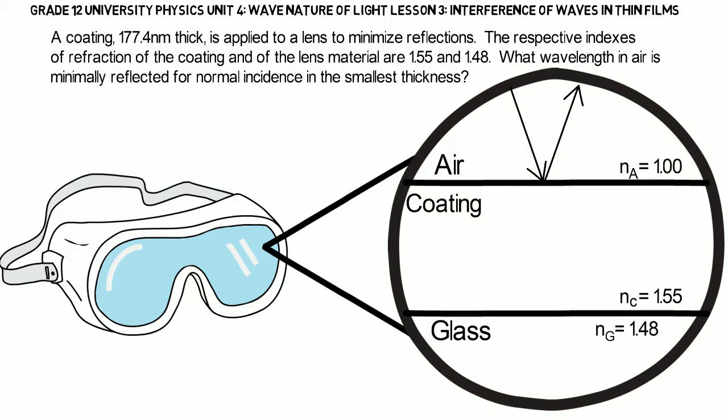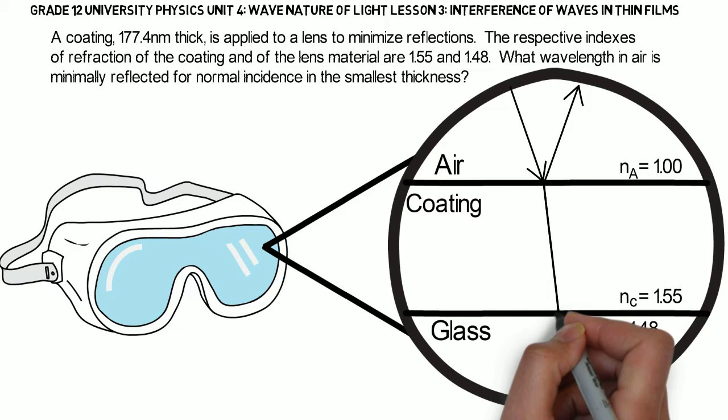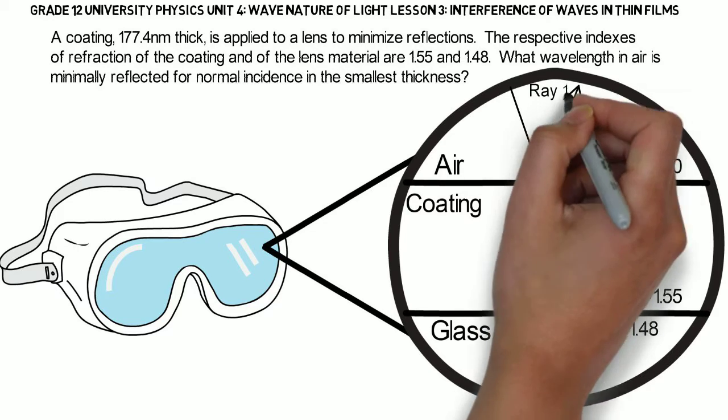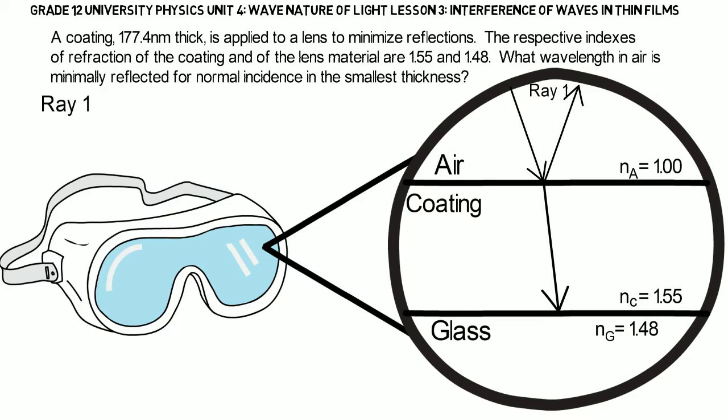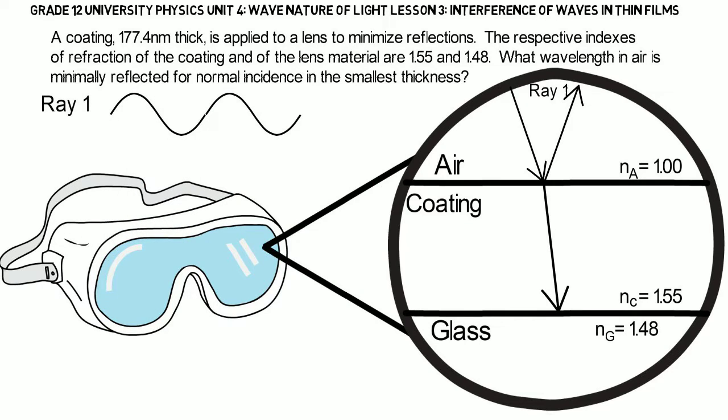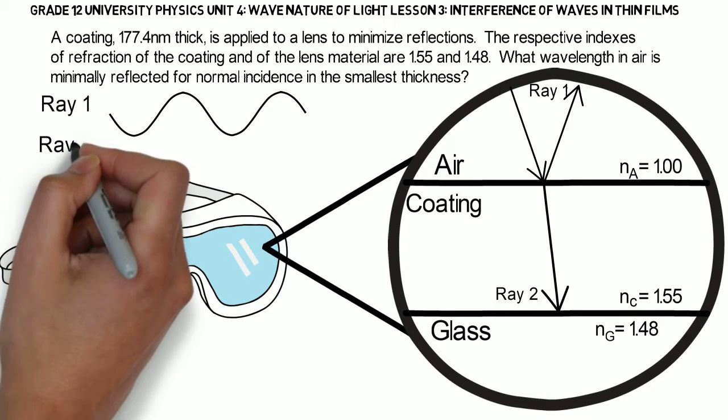Now let's trace and follow these two rays, the one that's reflected and the one that's refracted. The one that's reflected simply bounces back. But because it's bouncing off of a material with a higher index of refraction, it gets inverted. The one transmitted through into the coating does not get inverted.